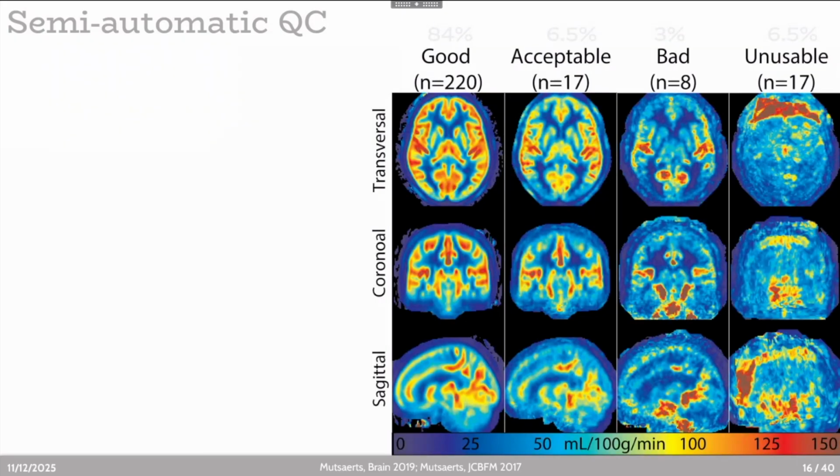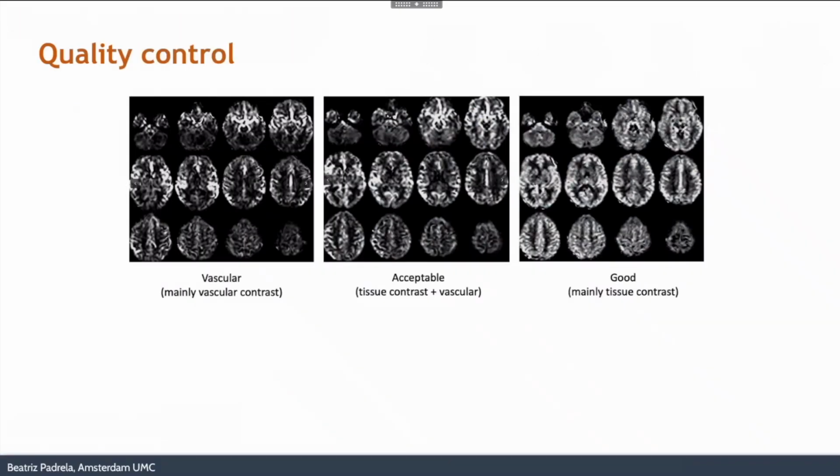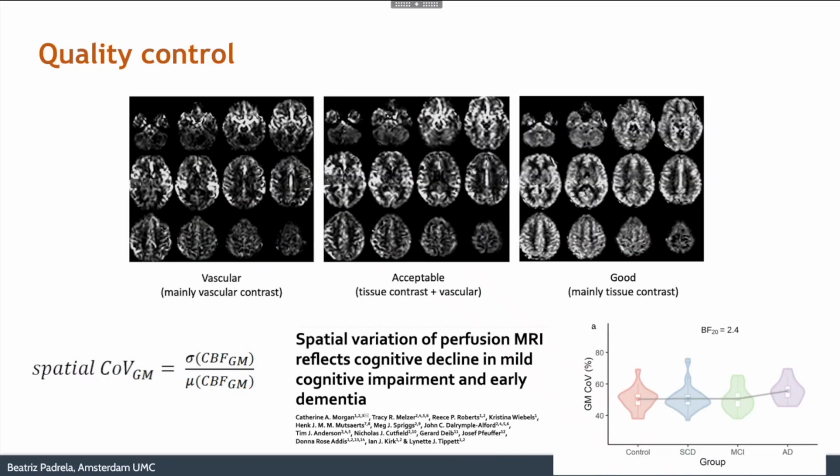This is an example from a study, a paper of Henk-Jan, where they compared the different states of this CBF quality. And the good thing is that we can use spatial CoV also for studies. For example, spatial CoV has been correlated with, on the y-axis, gray matter CoV. The higher it is, the lower the quality.